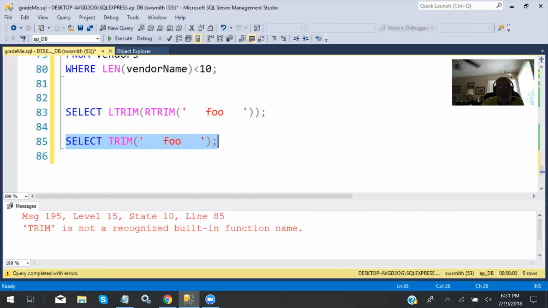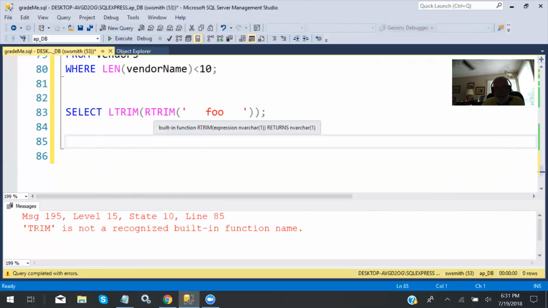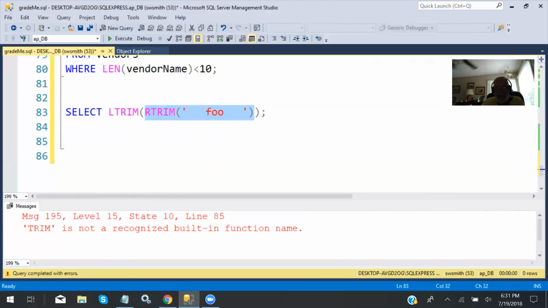So if you want to do trim, you have to put ltrim and rtrim together, which isn't a big deal. You say trim the left trim, and then from that, the right trim happens first, and then it trims the left. Doesn't matter what order you do them in, this will trim the leading spaces and trailing spaces, which is usually what you want to do.